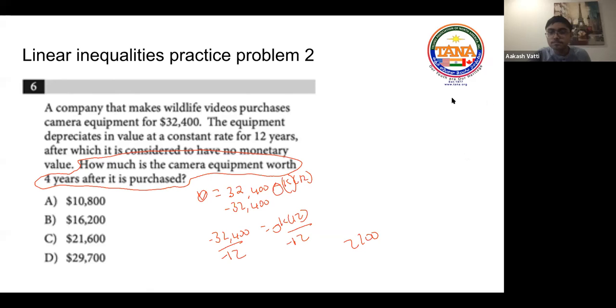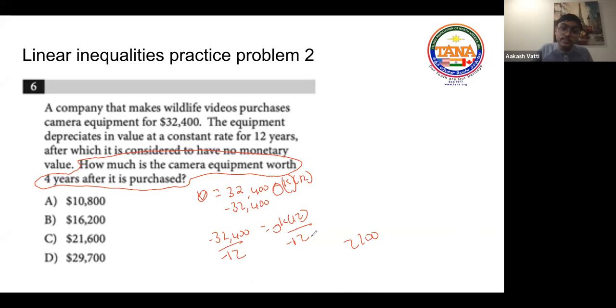Veda Varshini. So once we find 2,700, do we just plug it into 32,400 times 2,700? You don't multiply by 2,700.